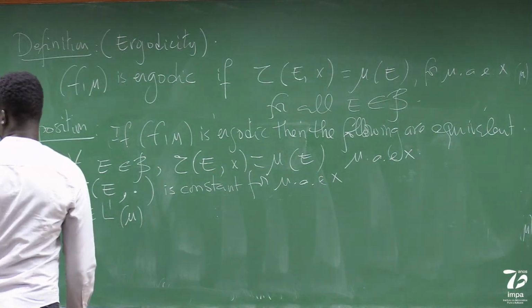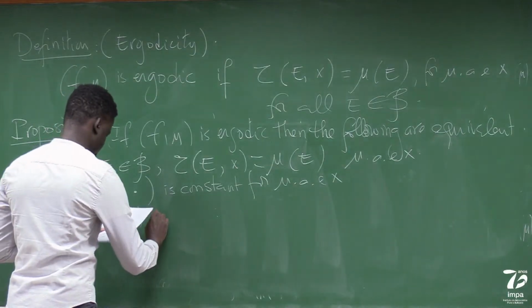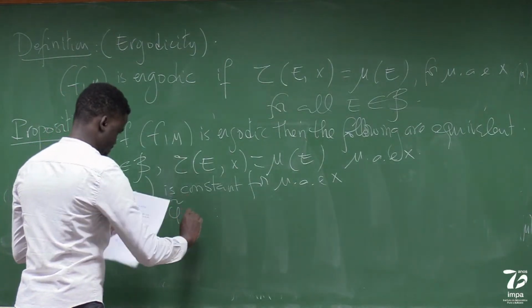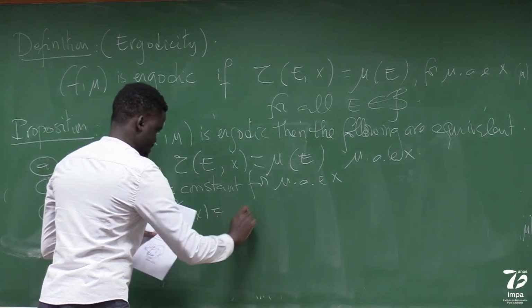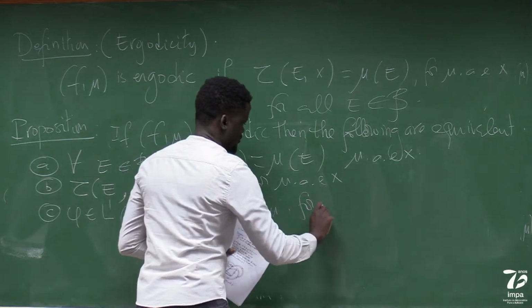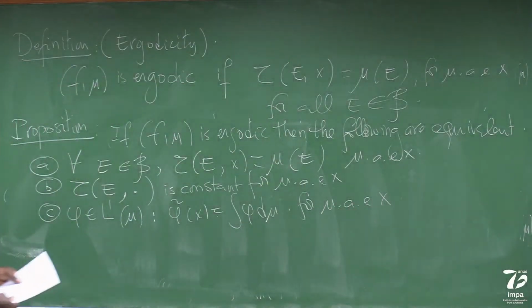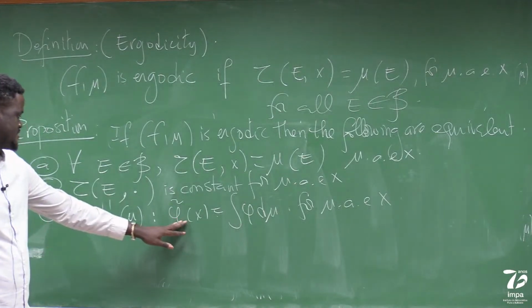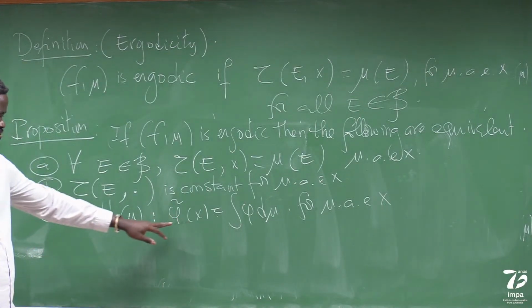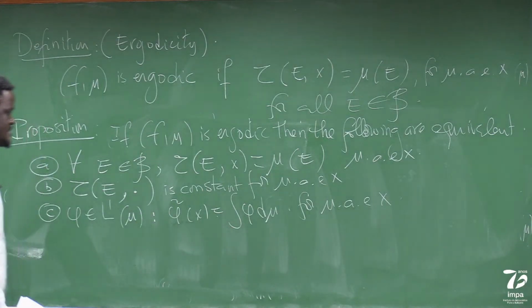Phi tilde of x is the integral of phi d mu for mu almost every x. So for instance, this property, which is equivalent to ergodicity, tells you that time average is converging to space average.